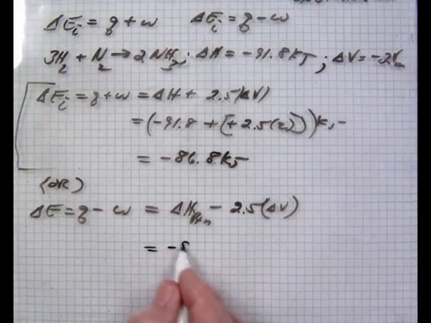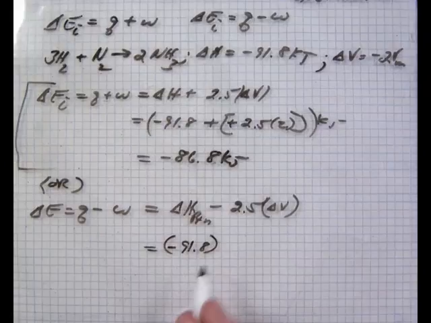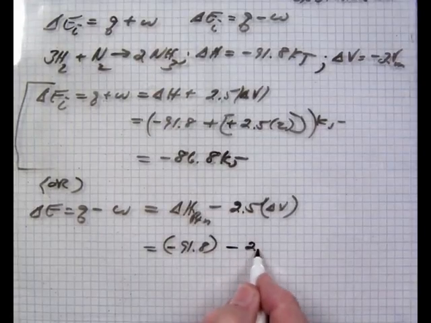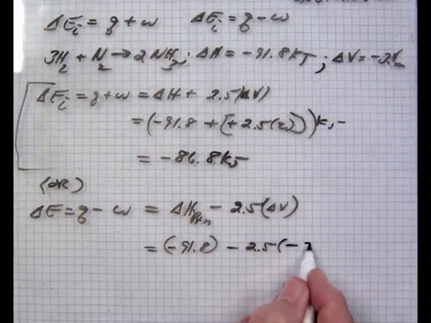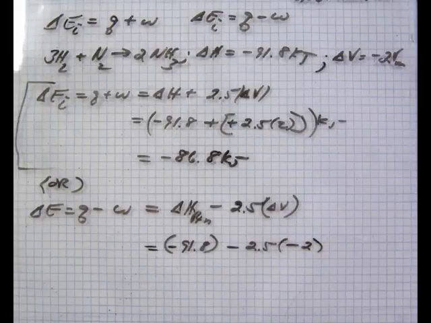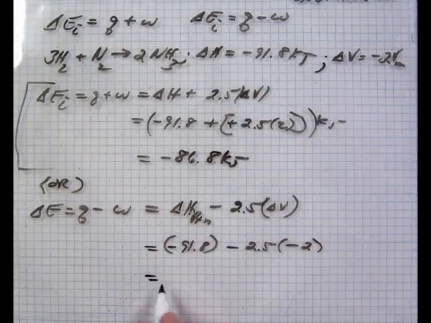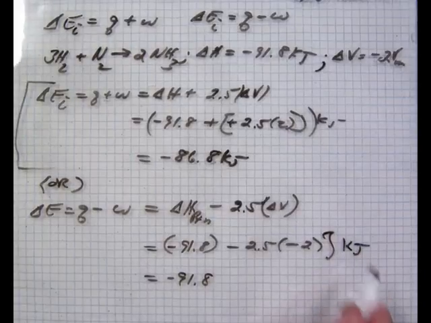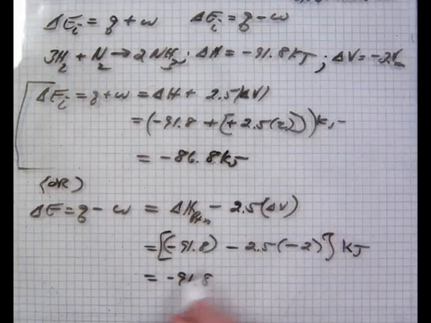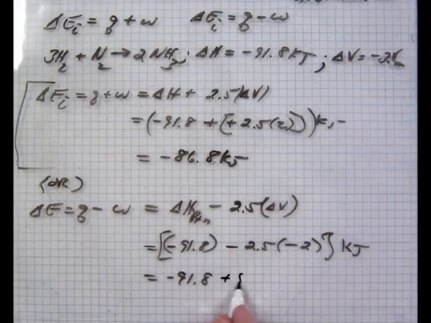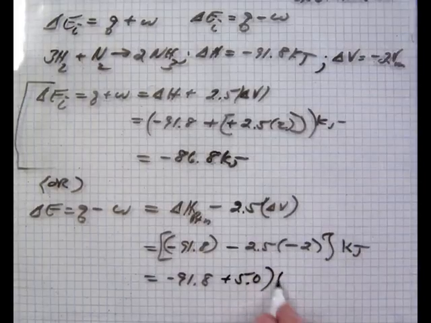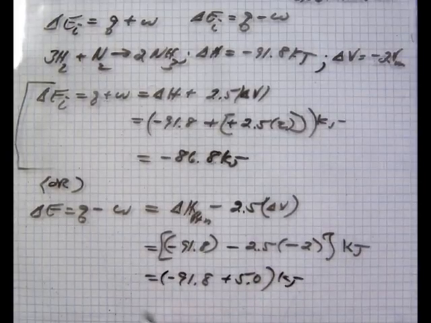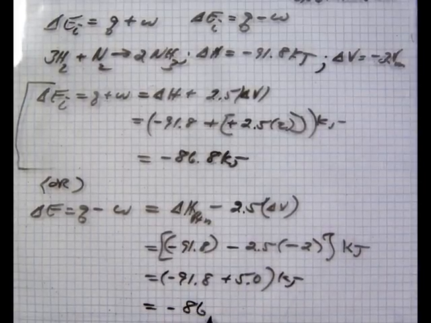And what do you get? Minus 91.8 for that term, minus 2.5, and it decreased by 2 molar volumes. So what's the outcome? It is minus 91.8 kilojoules, don't forget my units, 91.8 plus 5.0 kilojoules, and guess what? Same number.